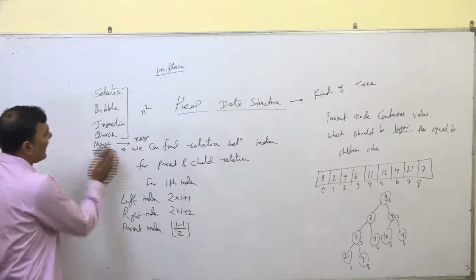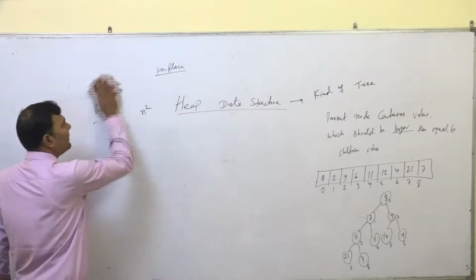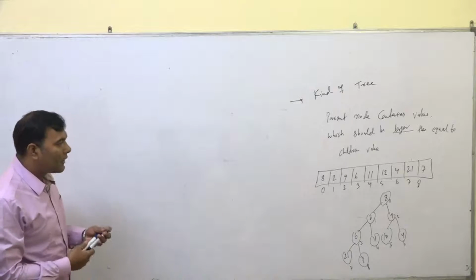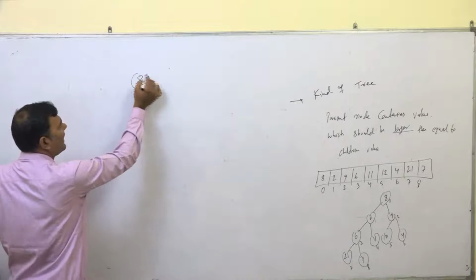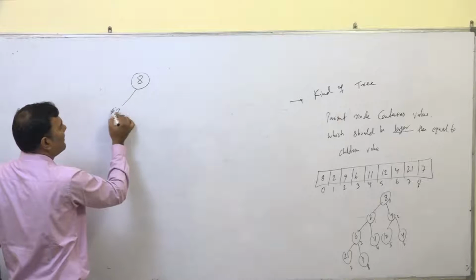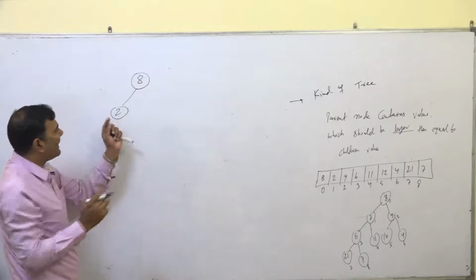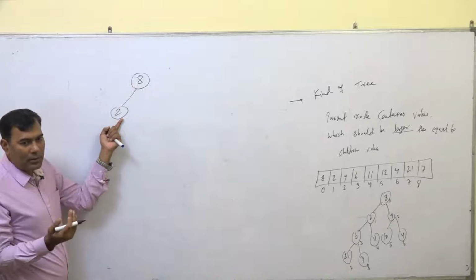See, what is the second idea? We need to maintain the heap data structure. So now, if we have this array, the first element is what? 8. So when 2 comes, we assume that we need to insert 2. It can compare with its parent.